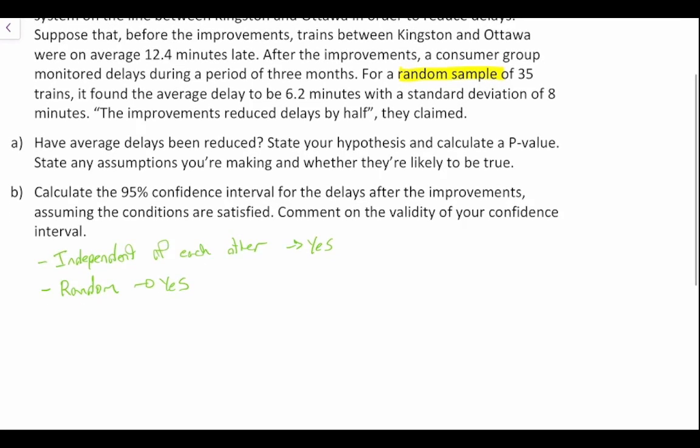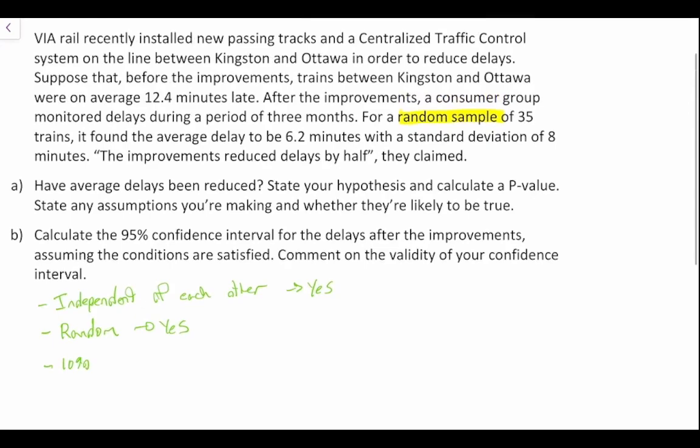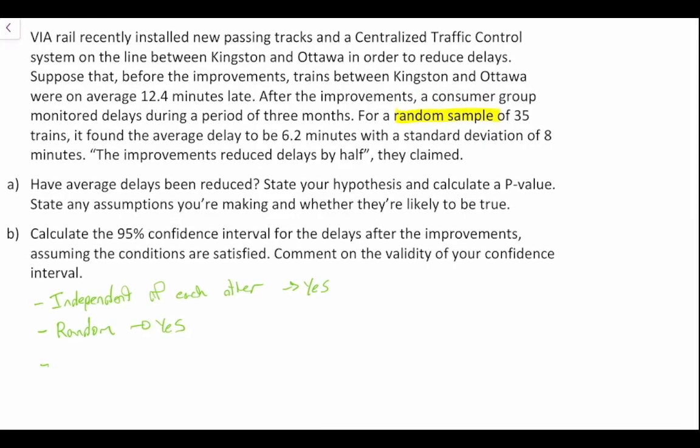We are going to look and say, is it less than 10% of the population? Given our sample size is 35, I think it's safe to say that more than 350 trains run between Kingston and Ottawa, so we're going to say yes as well.